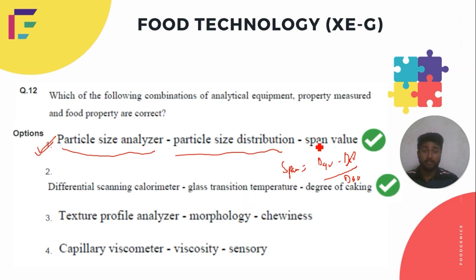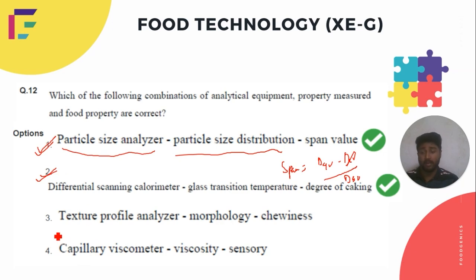One of the major food properties that it shows is the degree of caking. When the temperature gets above the glass transition temperature, it starts caking, and it shows the degree of caking. So option 2 is also absolutely correct.